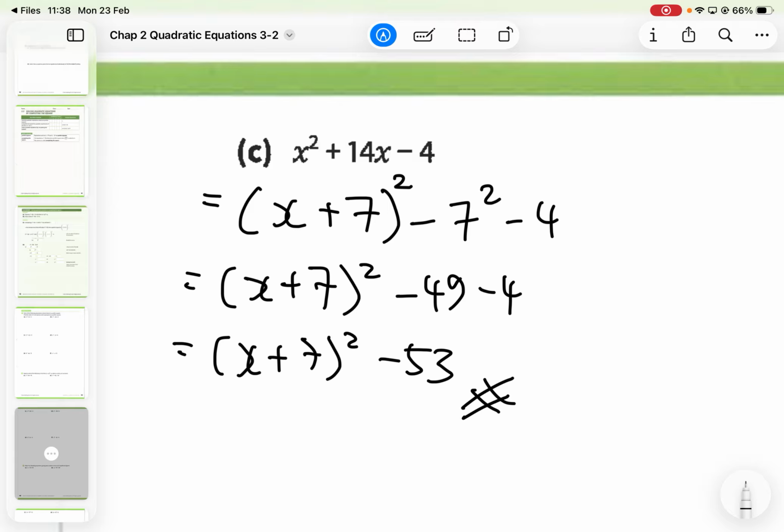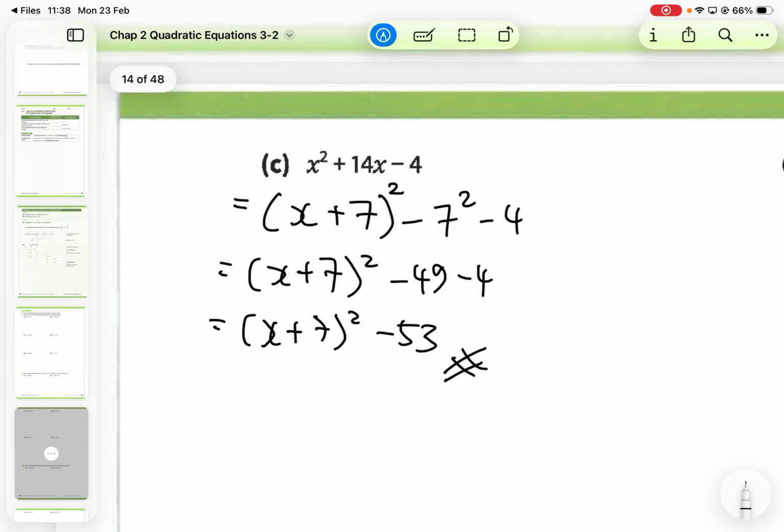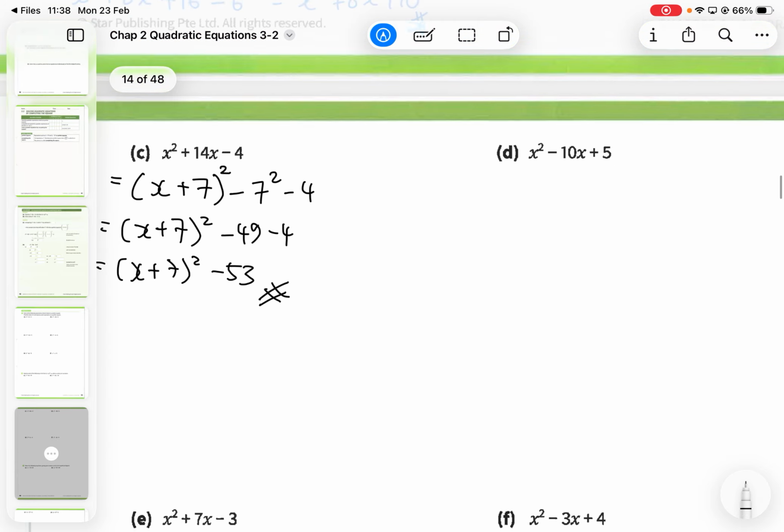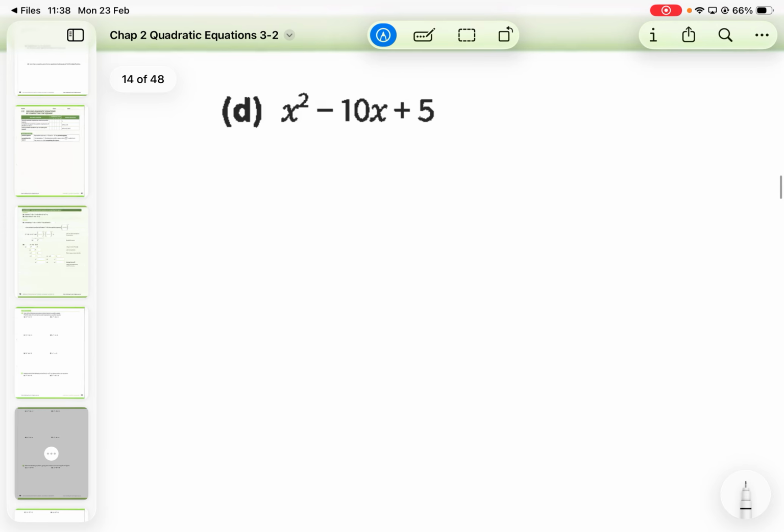Okay? Square root of 16 is 4. 4 squared is 16. Negative 4, if multiplied by itself, is also positive 16. So there are 2 possible answers. X minus 3 can be positive 4 or x minus 3 can be negative 4, because both of them also square to give you positive 16. Then make x the subject.